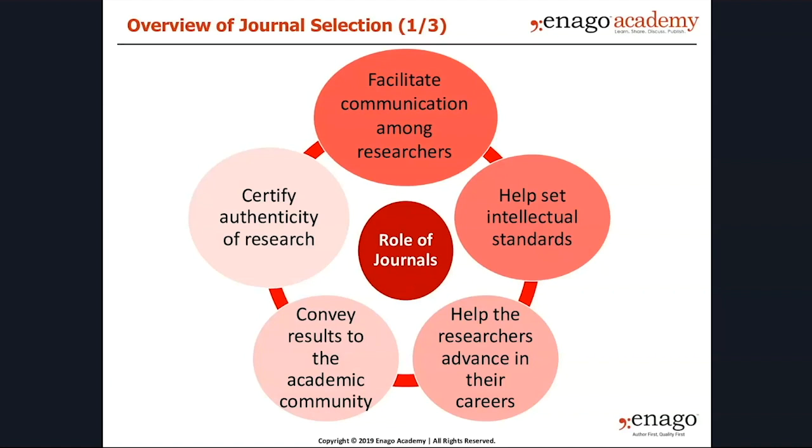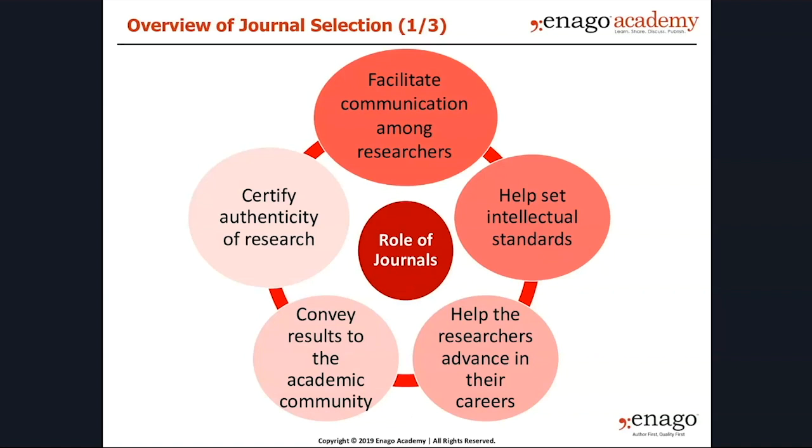So first and foremost, any of these reasons could be interchangeable in fact, but primarily a journal is for facilitating communication between other experts and researchers in your field. They are the primary key way of disseminating research among like-minded, interested peers.